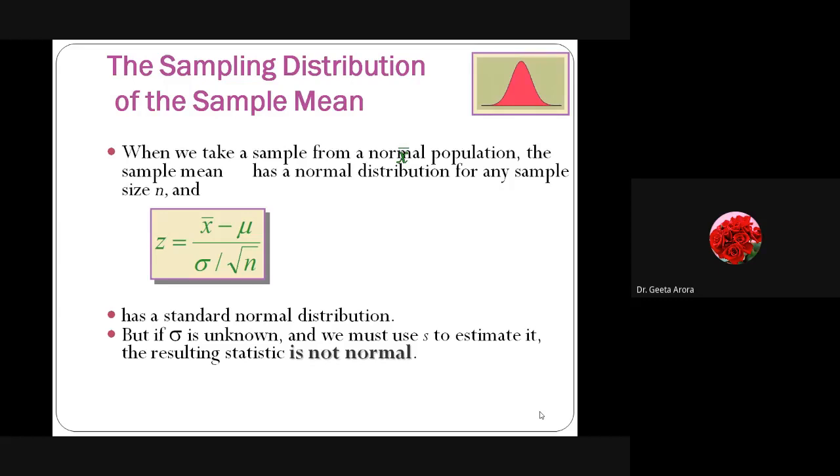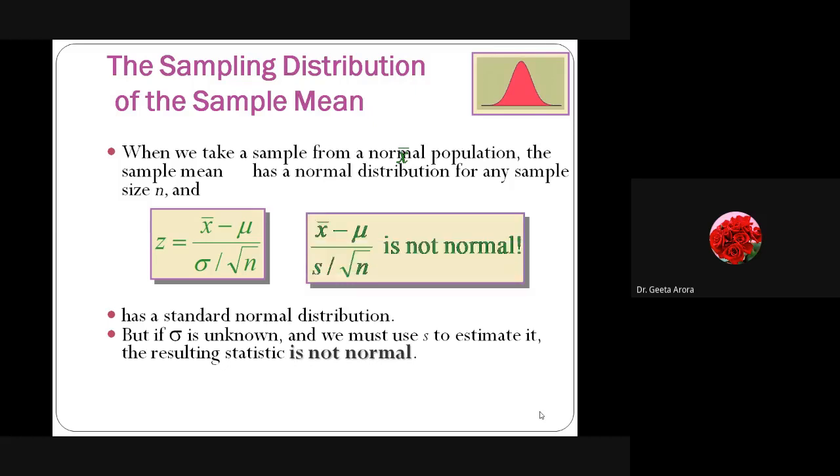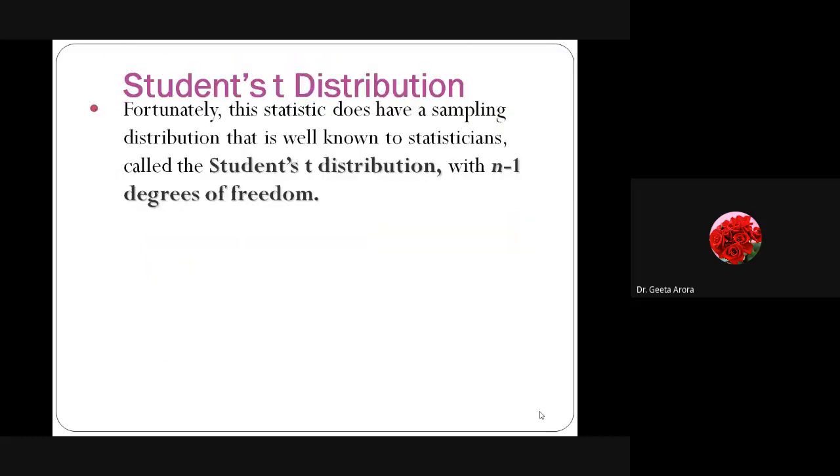Correct? But using s in place of sigma makes the population we assumed to be normal no longer normal. So this is why we say that using s in place of sigma is not appropriate, but this is the only thing we can do, otherwise we will not be done with the calculation.